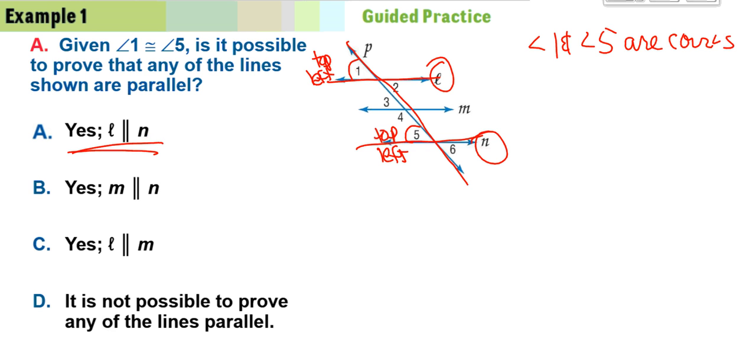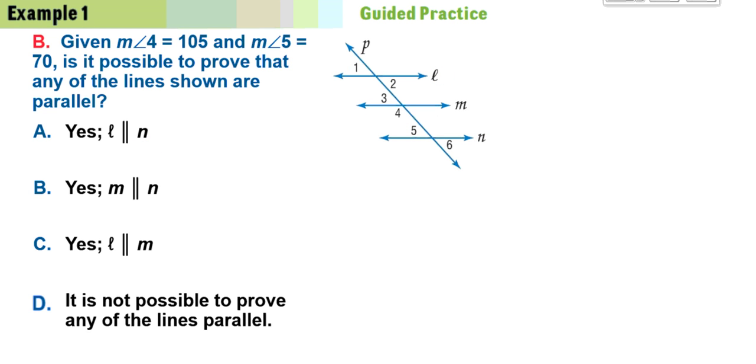Next problem. We have the measure of angle 4 is 105, and the measure of angle 5 is 70. So if I think of angle 4 right here, angle 5 right there, this is line M, this is line N, and our transversal is P. P isn't going to be parallel, but it's the transversal. So I'm looking for M and N here. But then I have to name that angle relationship. Angle 4 and angle 5, what kind of angles are they?